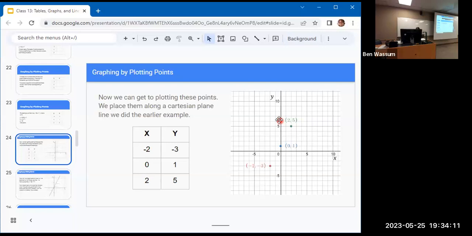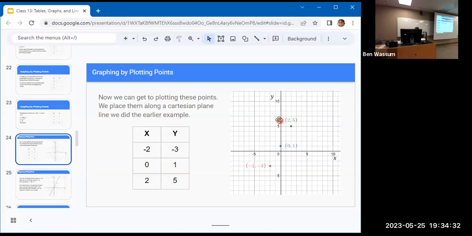But that third point is kind of a check. Because if you make a mistake on 2 points, you're not going to know it. But if you do 3 points, if you make a mistake, they're not all going to fall on the same line.